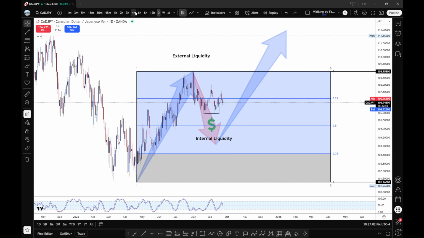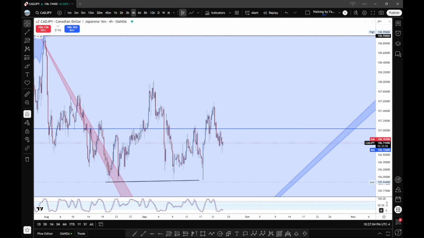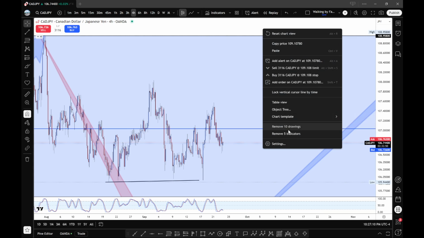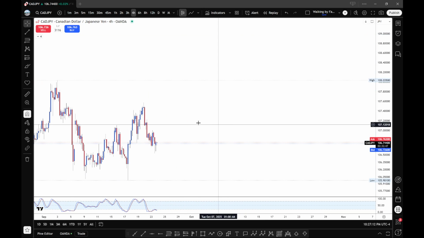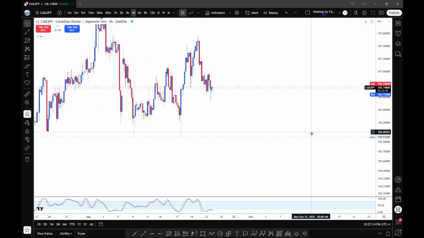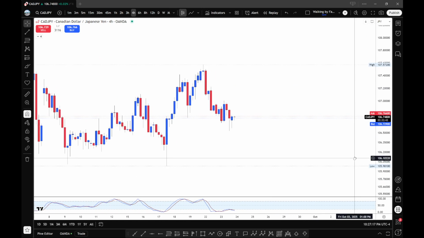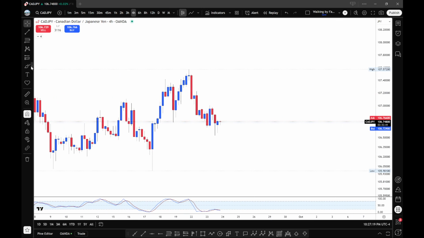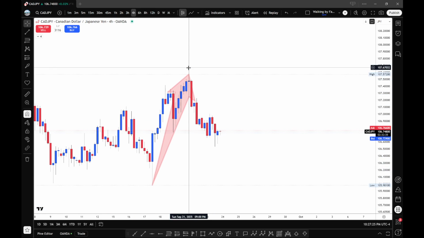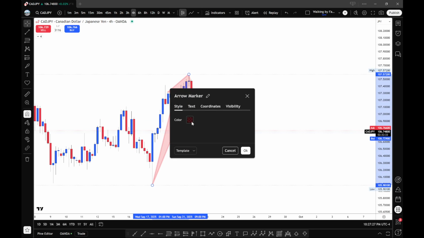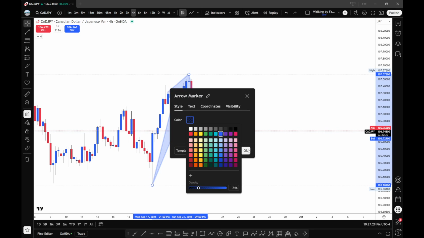So for the imbalance liquidity, again, we could see right here that this move right here, from down here to up, is an impulsive move up, right?